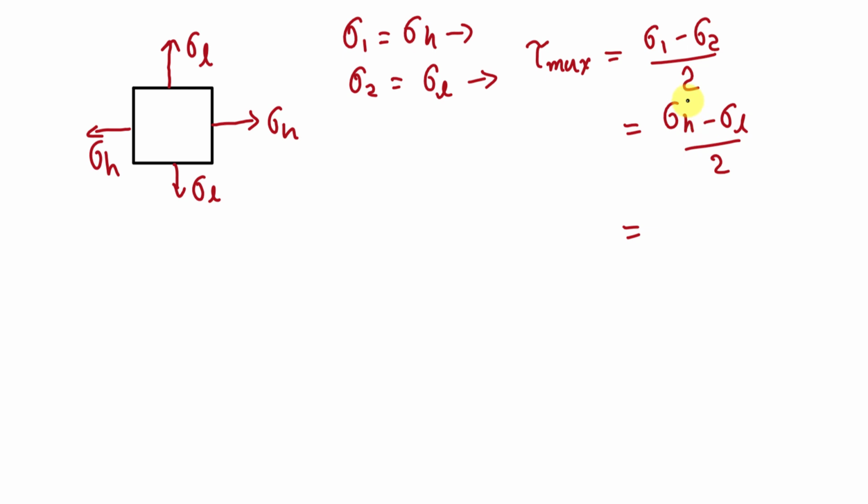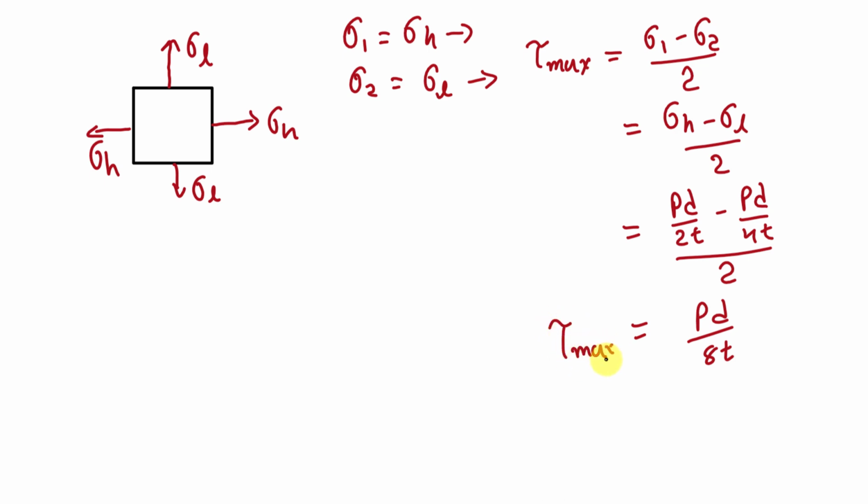We know that sigma H is PD by 2T and sigma L is PD by 4T, so finally you will get PD by 8T. So this is the value of maximum shear stress in the pressure vessel.